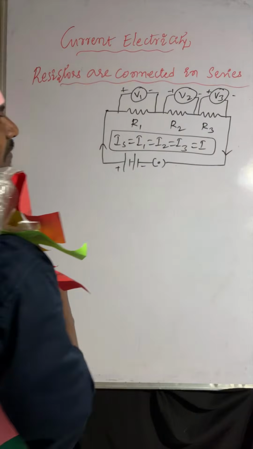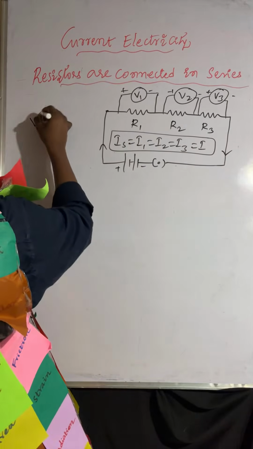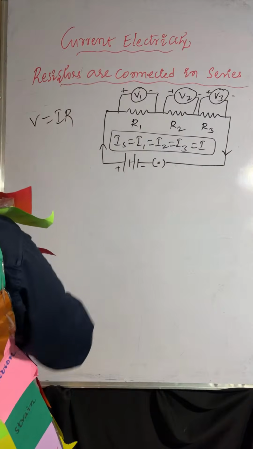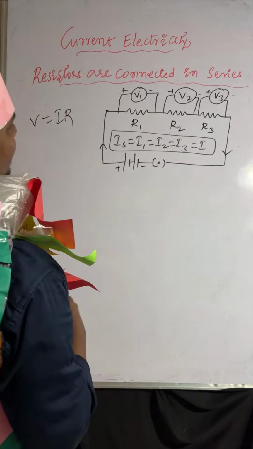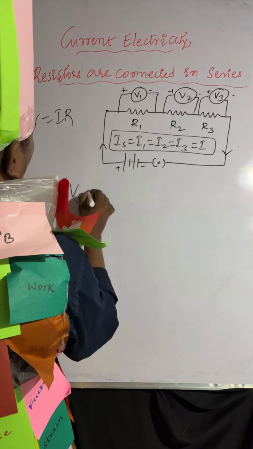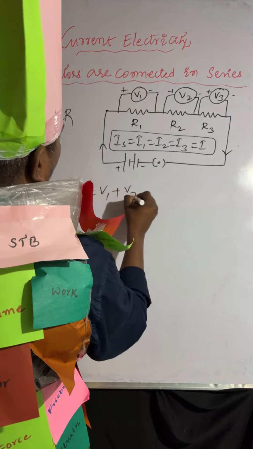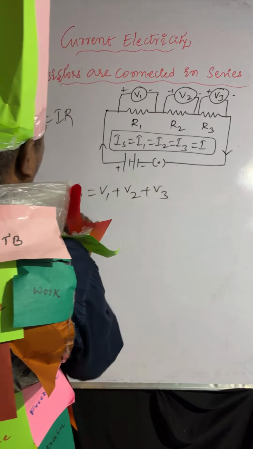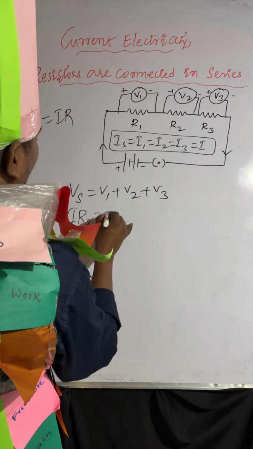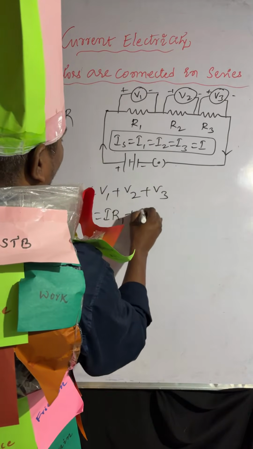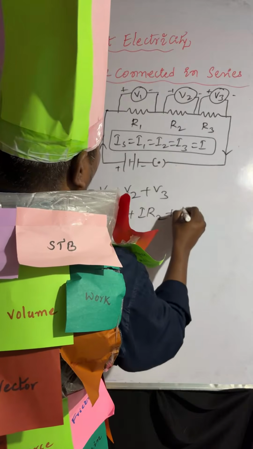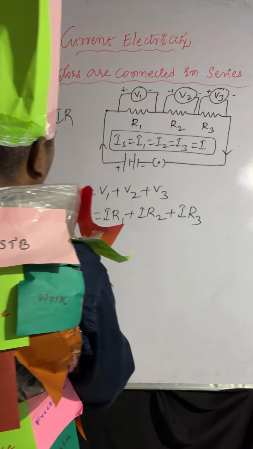Yes or no? Then from Ohm's law, V equal to IR. So the potential difference is different. So Vs equal to V1 plus V2 plus V3. That is nothing but I Rs equal to I R1 plus I R2 plus I R3.